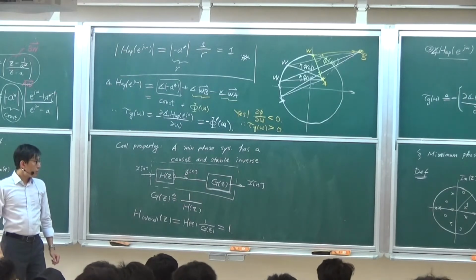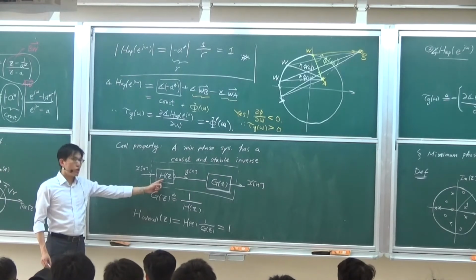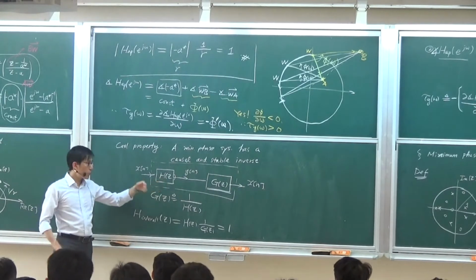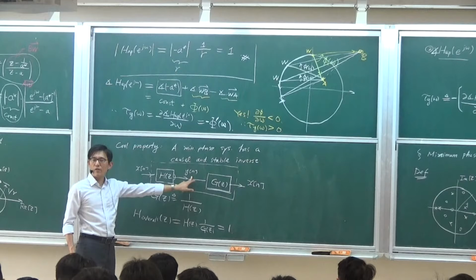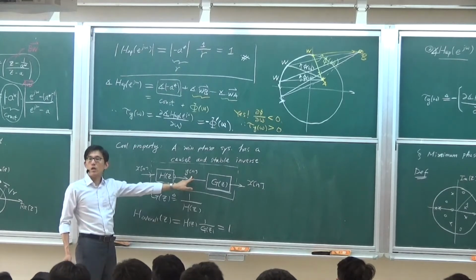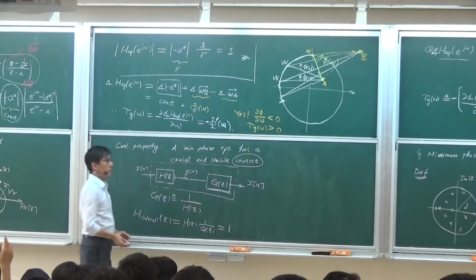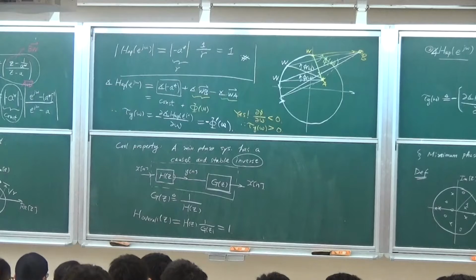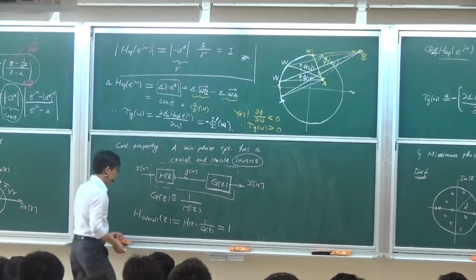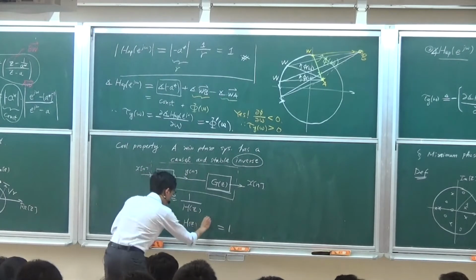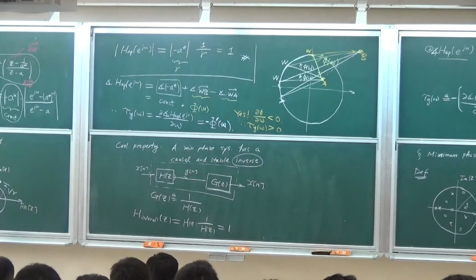That means if we put this G of Z after H of Z, then in principle, we can recover X whenever we receive Y. Okay? So this is what I mean by inverse. Yes? I'm sorry? Oh, yeah. Thank you. 1 over H. Thank you. Any other comments?